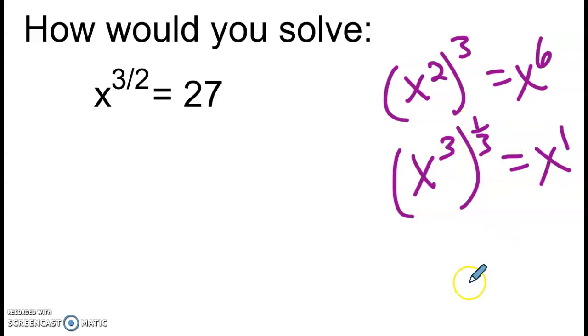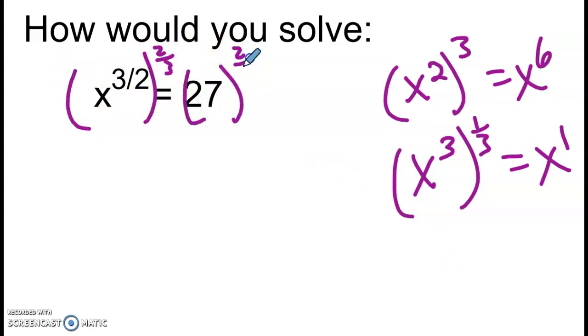That's what we want, x to the 1. So that's what we're going to do here. I'm going to raise each side to the 2/3 power, because 3/2 times 2/3 is 1. So I have x to the 1 equals 27 to the 2/3.